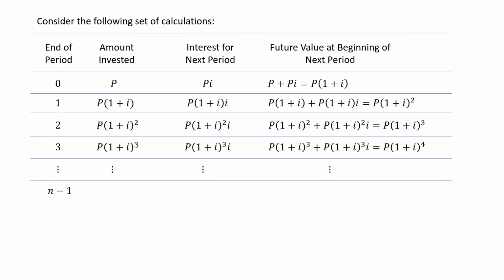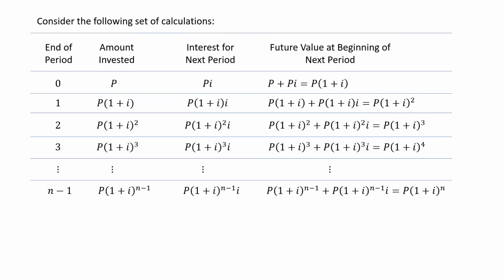For 3, we had a cube. So if this is n minus 1, stands to reason, this should be raised to n minus 1. Cool, and the interest would be this quantity times I. As before, we add. We can factor out P times 1 plus I to the n minus 1, and that thing will become P times 1 plus I to the n, right?